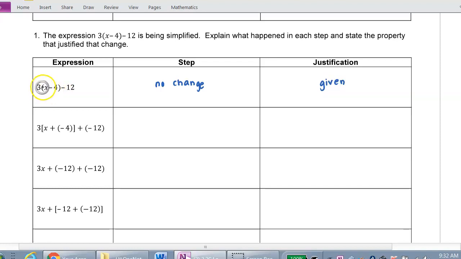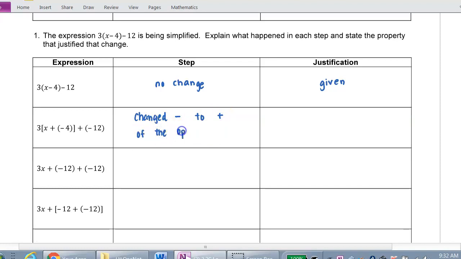But if I compare the first line to the second line, I notice that what changed was the subtraction. Instead of minus 4, it's plus negative 4, and instead of minus 12, plus negative 12.